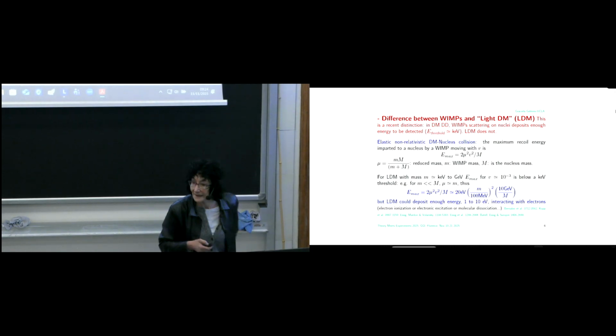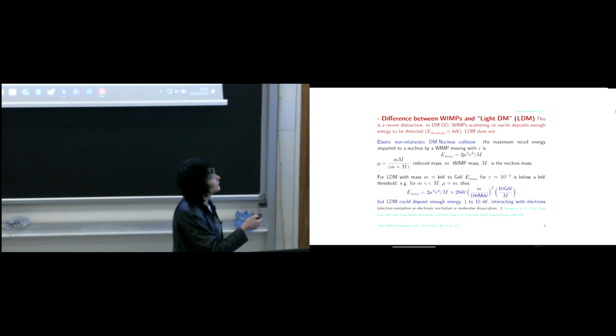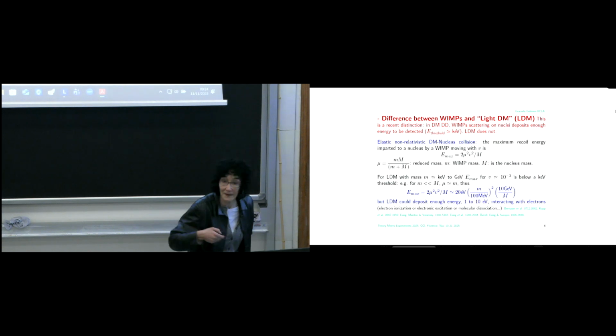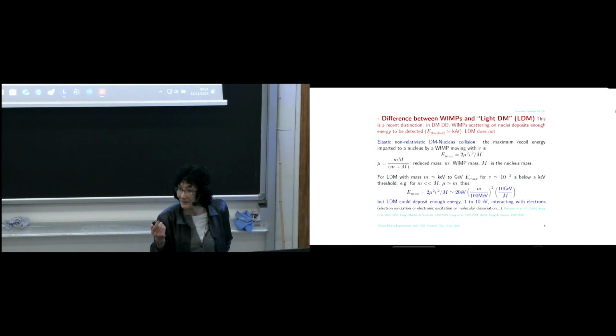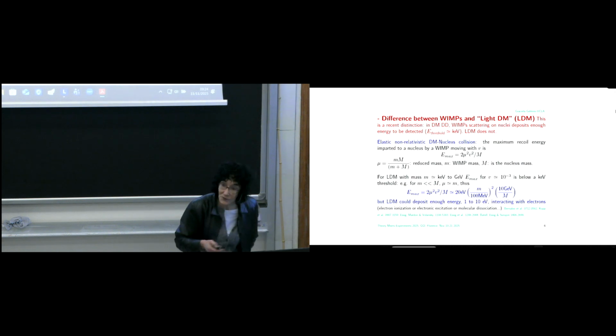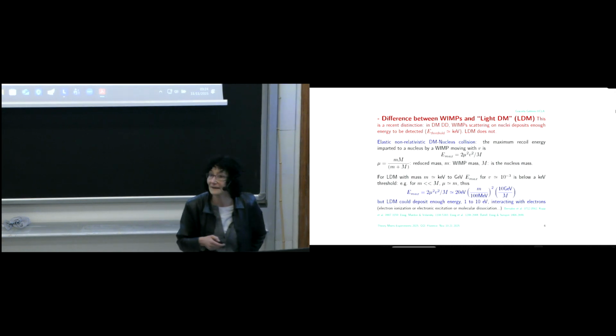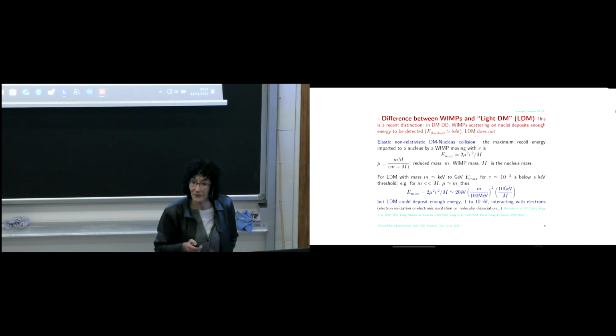So what is light dark matter? Light dark matter is one that will not deposit into a nucleus enough energy to be observed by most WIMP detectors. The threshold of most WIMP detectors is a keV. It could be a little lower, it could be a little higher, depends, but it's around the keV.